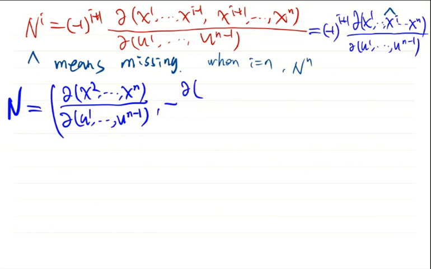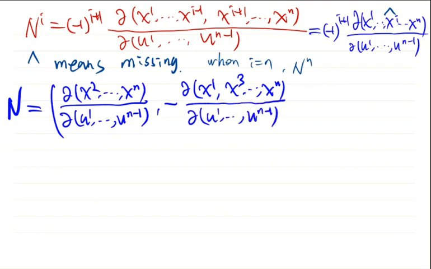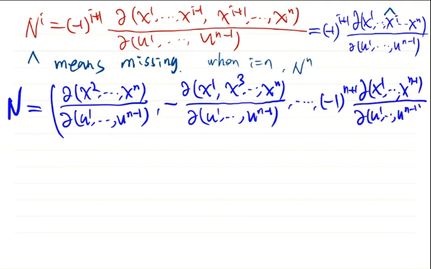Then here we have x1, but we do not have x2, so x3, xn, and u1, un minus 1. Eventually, when i equal to n, we have minus 1 to the n plus 1, x1, xn minus 1 over u1, un minus 1. So this is the final formula for computing the normal vector of an n minus 1 dimensional parametric surface in Rn.